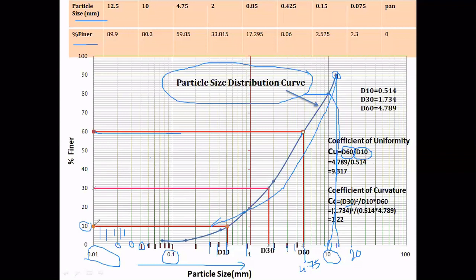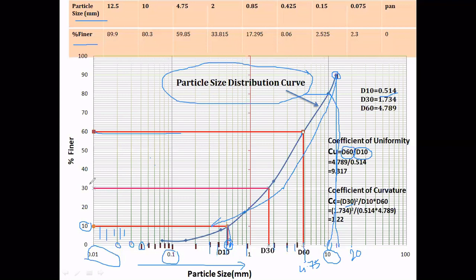Okay, so from 10 we have to plot a horizontal line which cuts this particle size distribution curve, and from there we have to drag a vertical line which cuts your x-axis. Wherever it cuts, it gives you the value of d10. So in this case, it comes out as 0.14. How? This is 0.1, 0.2, 0.3, 0.4, 0.5, and somehow it is here. So it is 0.14. Okay.